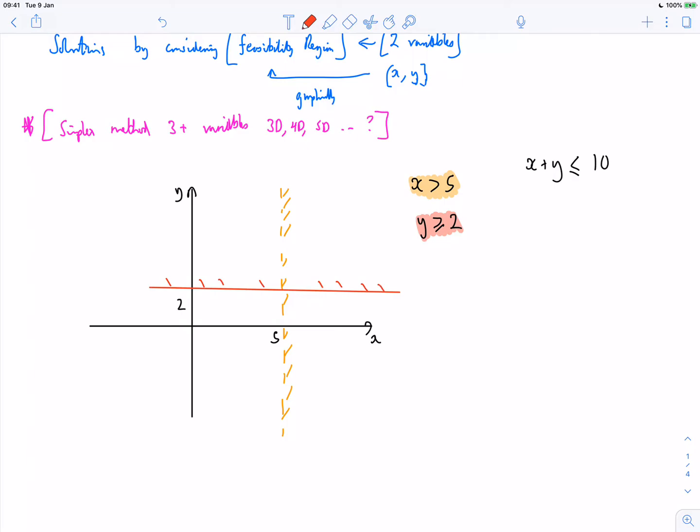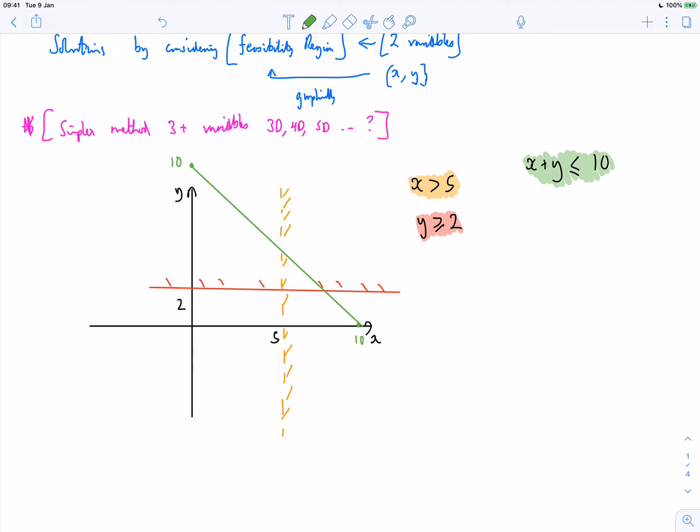And now consider this green function here, x plus y is less than or equal to 10. Well, it's pretty obvious that when y is 0, x is 10, so 10 is over here. And when x is 0, y is 10. So this is going to be a sloping down line with gradient minus 1, like so.